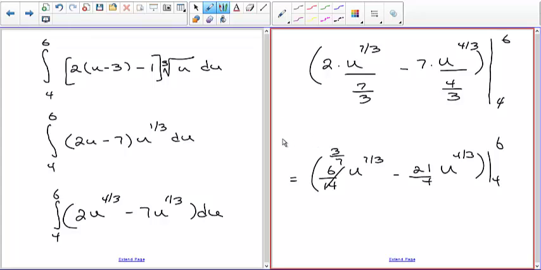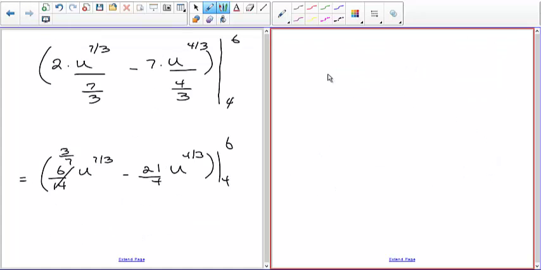Just double checking here. Okay. So we'll have 3/7 times 6 to the 7/3 minus 21/4, 6 to the 4/3.